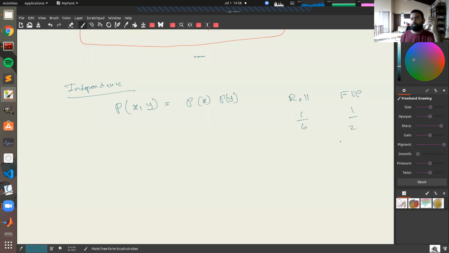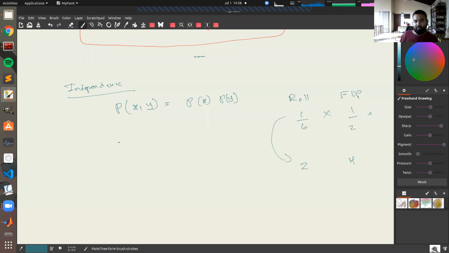So if I asked you, what's the probability that you get a 2 when you roll the dice and a heads, what you would do is multiply these two. The probability that you will roll a particular number on the dice and flip a particular side of the coin will be just the multiplication of these two, because they're independent events. I hope that gives you sort of an intuitive understanding of independence.